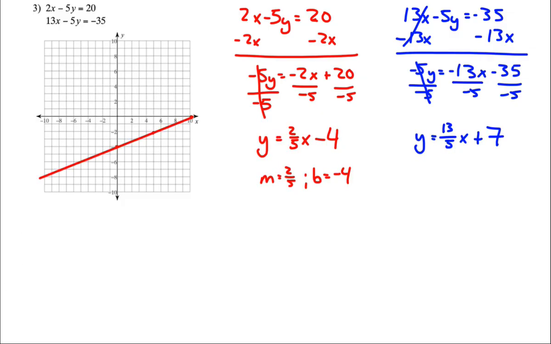All right, for the blue one, I know that my m, in this case, is going to be equal to 13/5, and my b is going to be equal to 7. So I just go up to 7 where I begin, and from here, I'm going to go up 13. Whoops, I'm off the graph, so I'm going to instead say that m is equal to -13 over -5, so I can keep it on the graph.